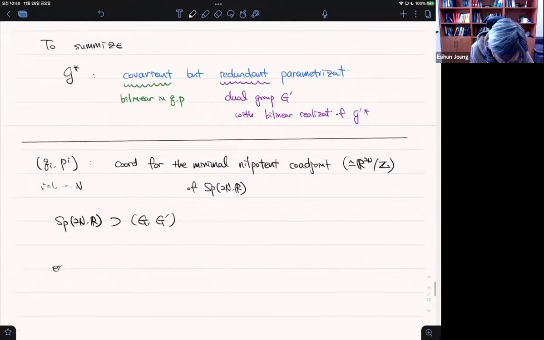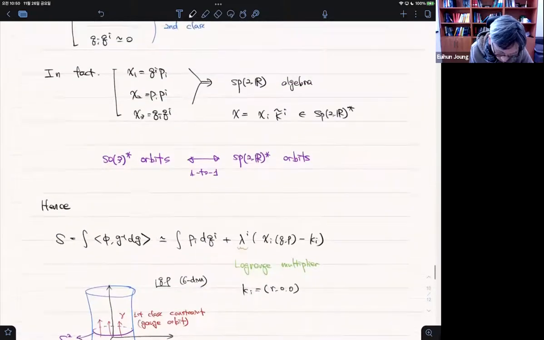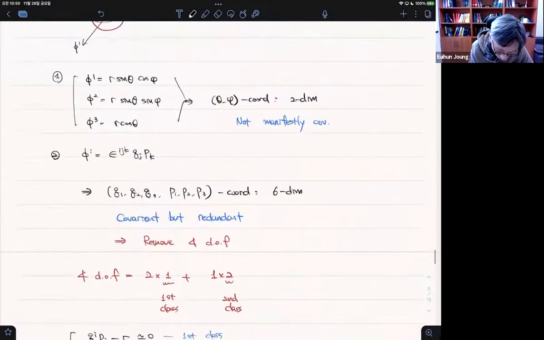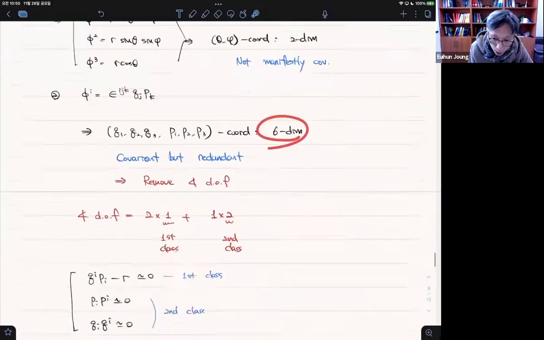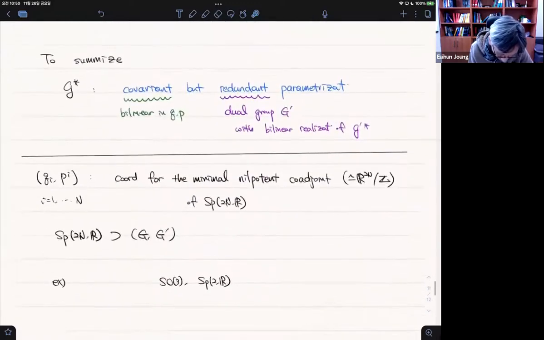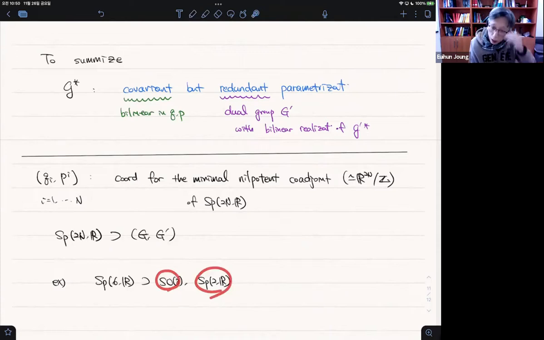In the previous example, we had SO3, and the dual group was Sp(2,R). We had 3 coordinates, and 6 variables, so 6 dimensional, Sp(6,R). Sp(6,R) contains both SO3 and Sp(2,R), and they are mutually commuting. So in this way, they are in dual relation.